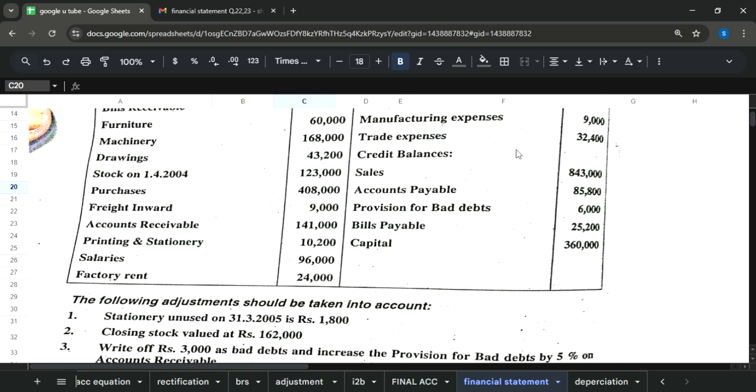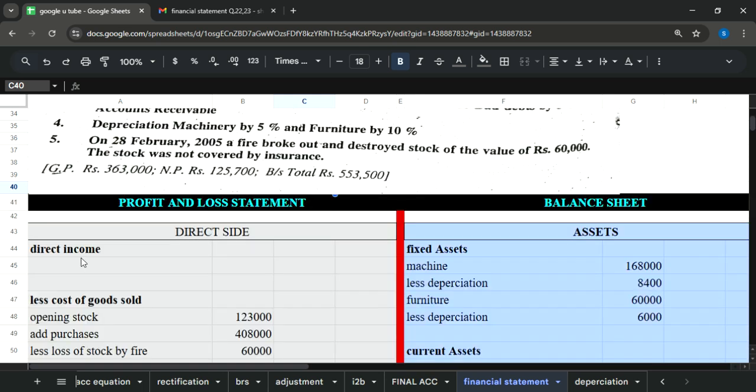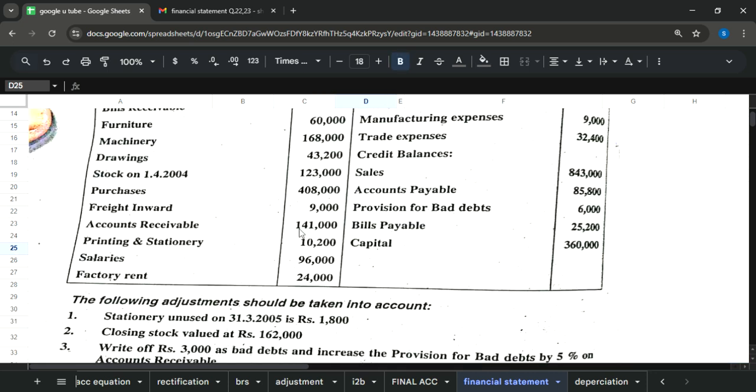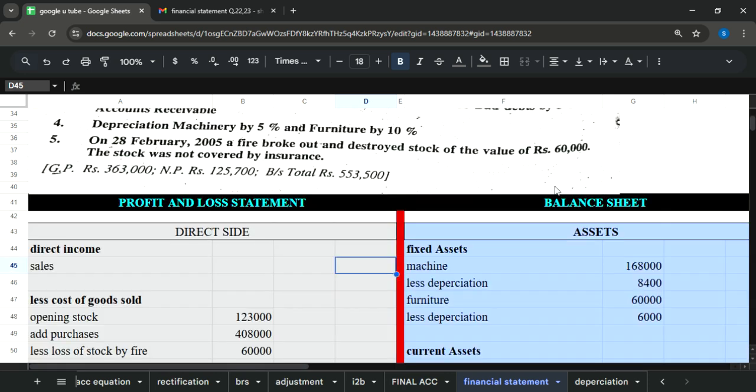After trade expenses we are now going to start our credit balance. Sales will come over here. Now mention sales, but returns are not present, so directly you can write over third column. Amount of sale is 843,000. So you will be writing amount in front of sale.